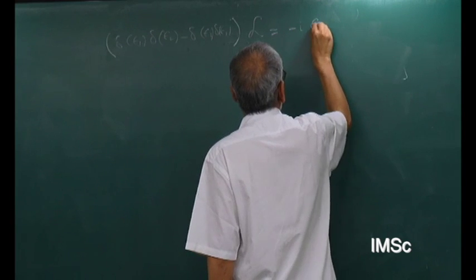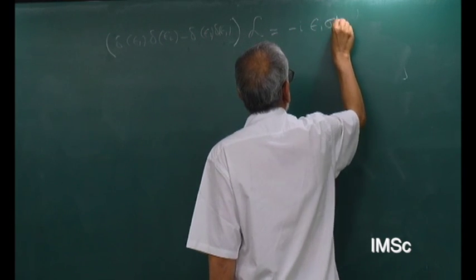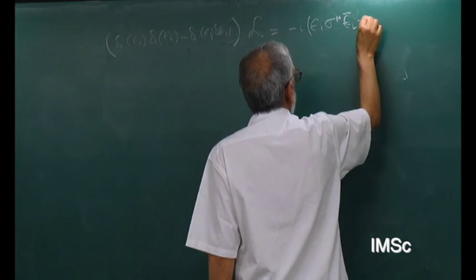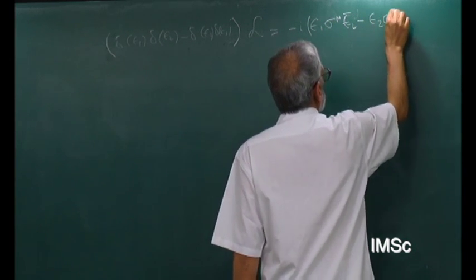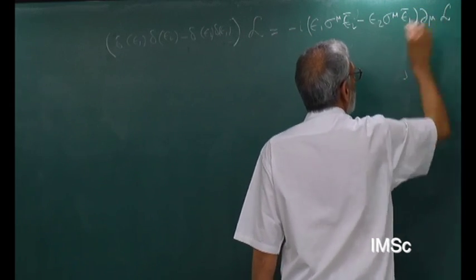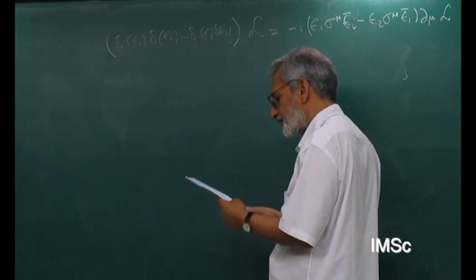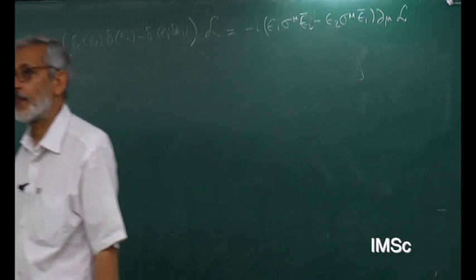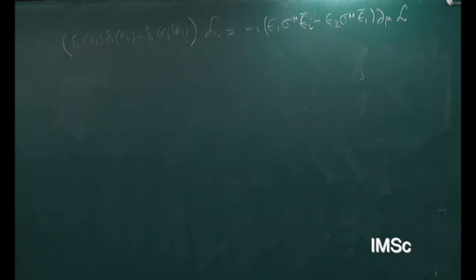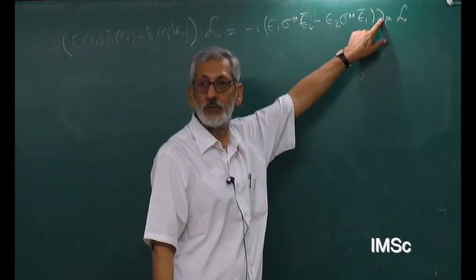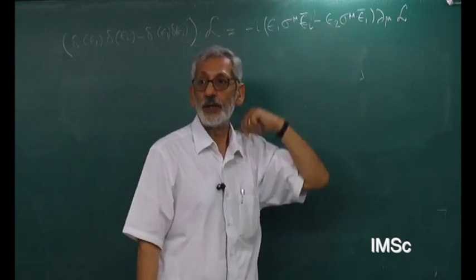Minus i epsilon 1 sigma mu epsilon 2 bar minus epsilon 2 sigma mu epsilon 1 bar, times d mu. I have the sign right? Minus i, right? Because that's what the SUSY algebra is. This object is equal to this d mu acting on the Lagrangian.